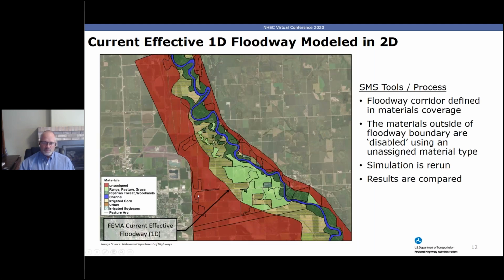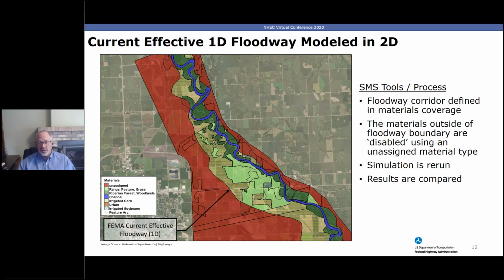The way that's done is you basically take your materials coverage, add in the floodway boundary, and you can turn off or change the material type of all of the area outside of that boundary to unassigned, and it essentially just treats it as turned off when you run the simulation.